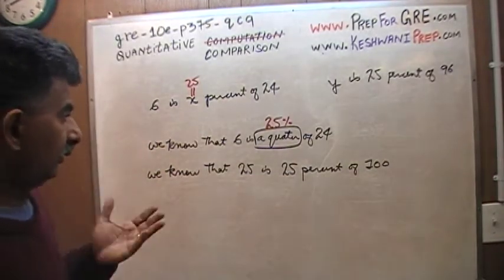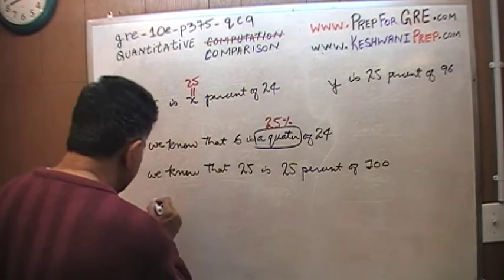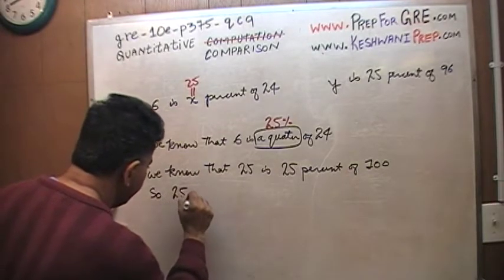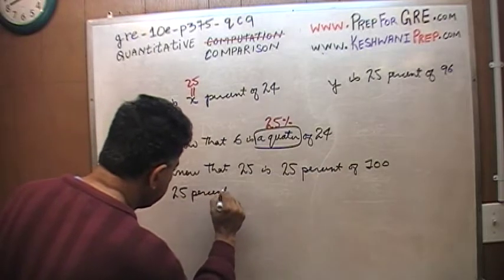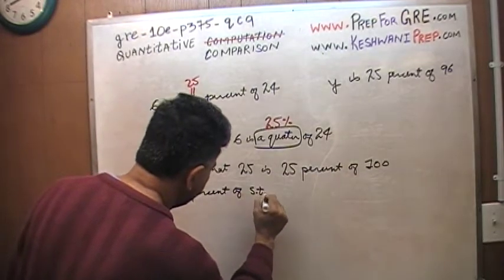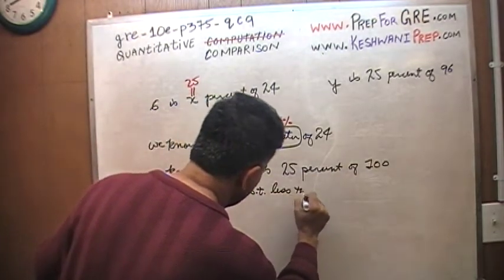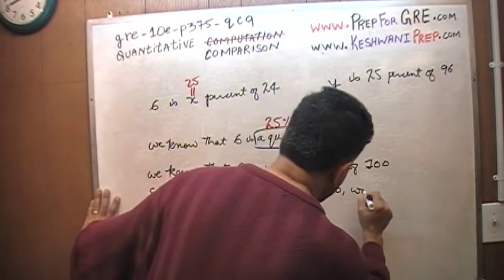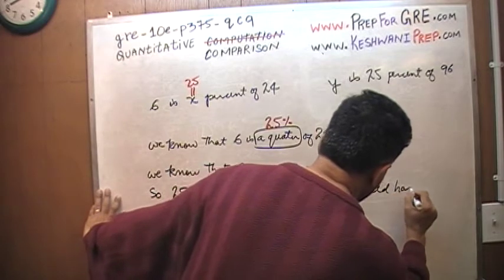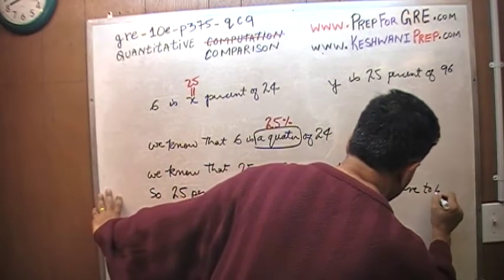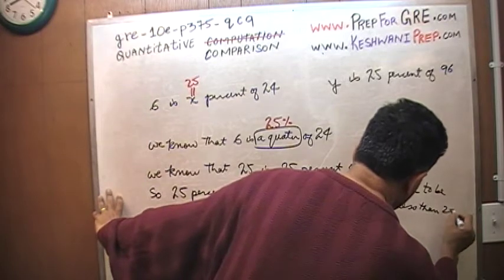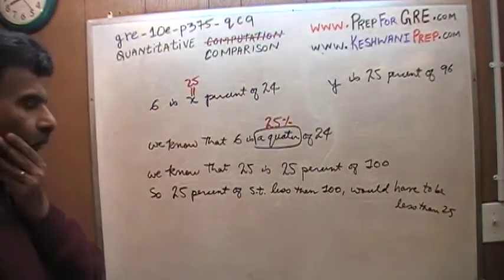So 25% of something less than 100 would have to be less than 25.